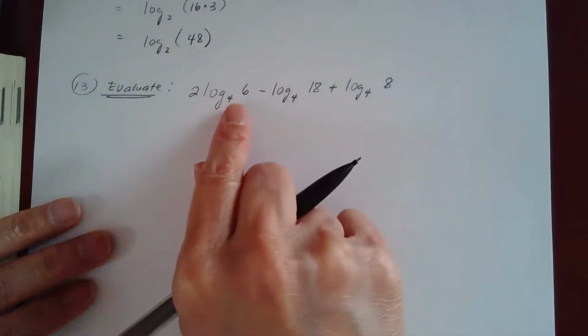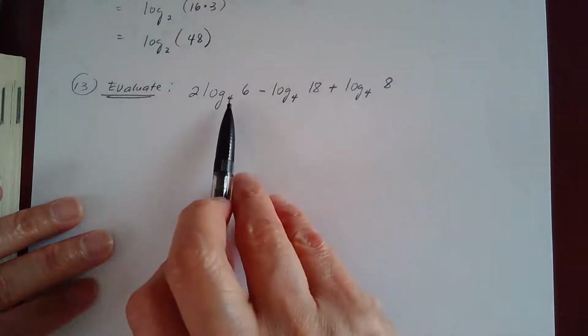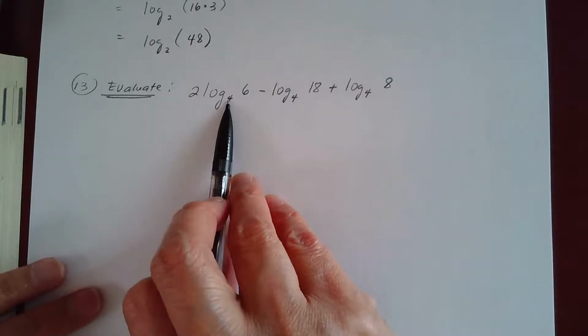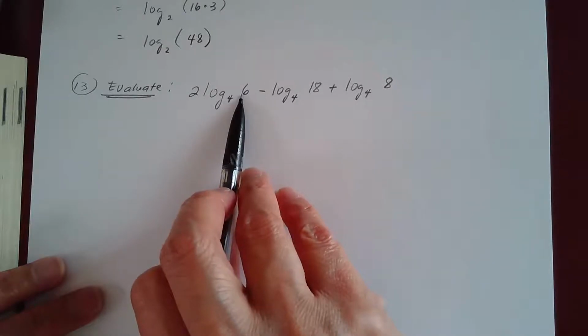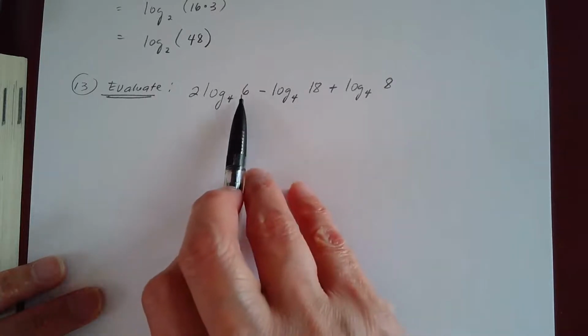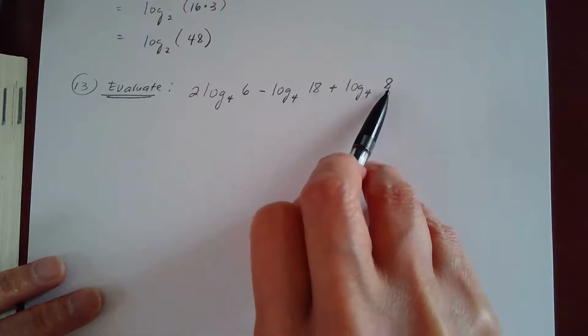Now in this particular case, they're asking, what kind of exponent do I need for 4 to get 6? That's going to be a little bit challenging, because 4 to what exponent gives me 6 is not going to be a nice number. Same thing with 18. Same thing with 8.